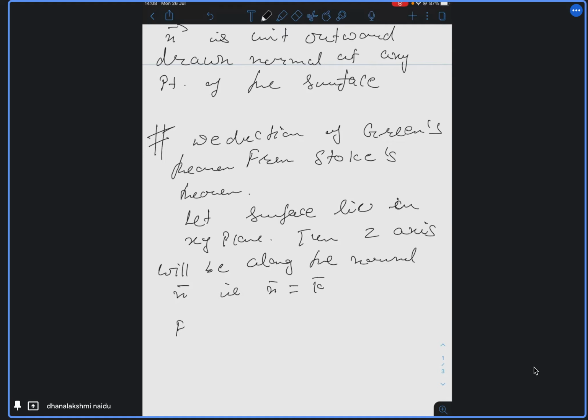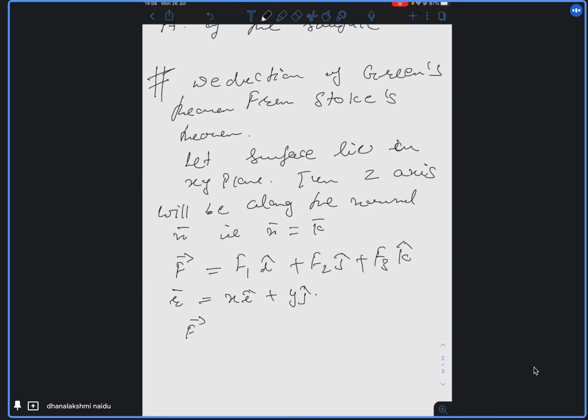So if your f bar is something like f1 i plus f2 j plus f3 k, and your r bar is x i plus y j, then what will be f bar dot dr bar? Tell me. It will be f1 dx plus f2 dy. Is it or not? Okay. So that is your f bar dot dr bar.